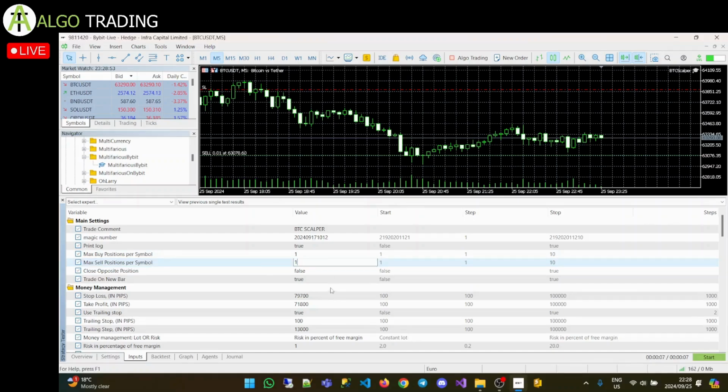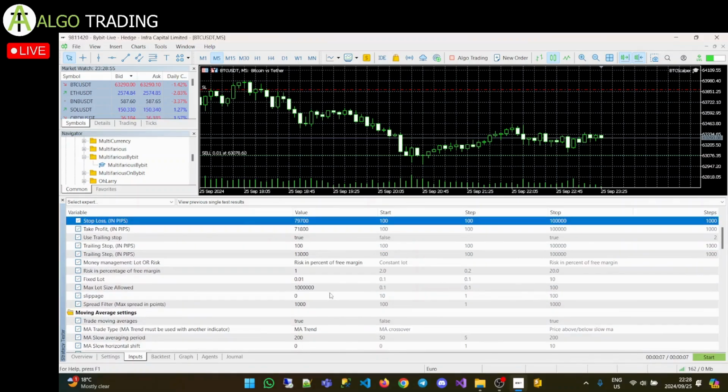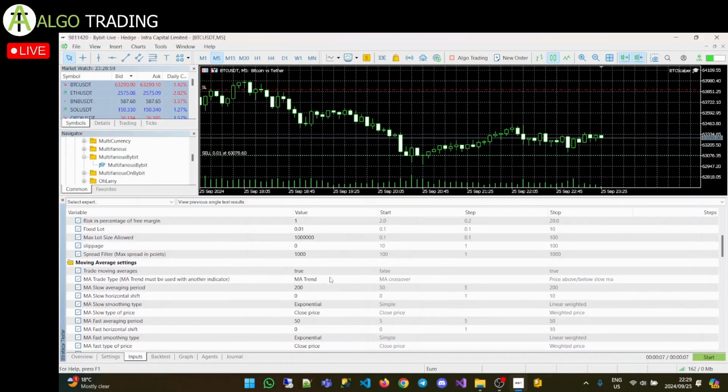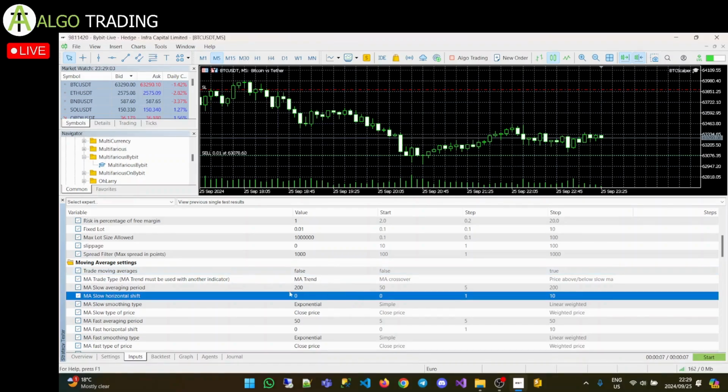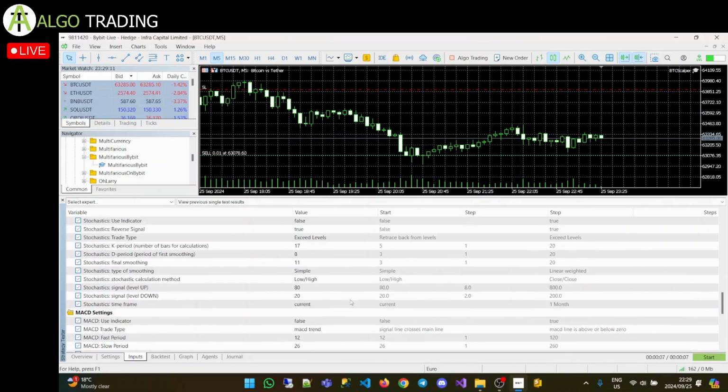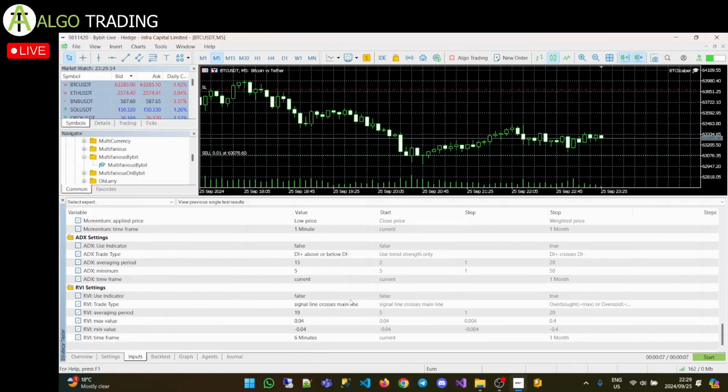So the first test we're going to do, we're going to run a mean reversion strategy on Bitcoin. And the only indicator I'm going to use is going to be the RSI. So I'm setting the moving averages to false. I'm just making sure that everything else is set to false. So all we're doing now is running RSI.